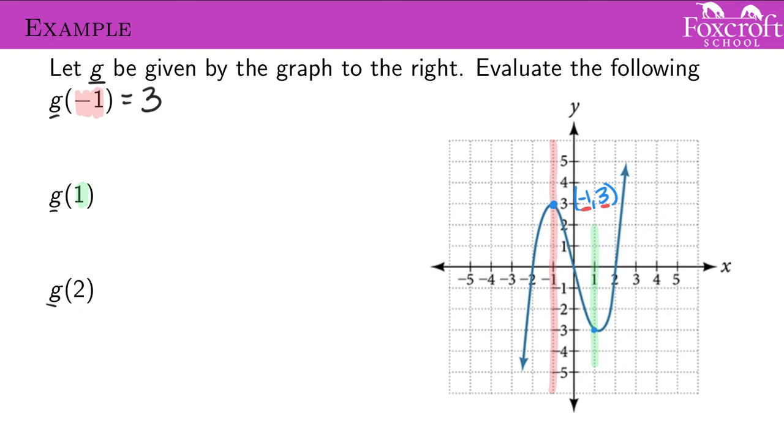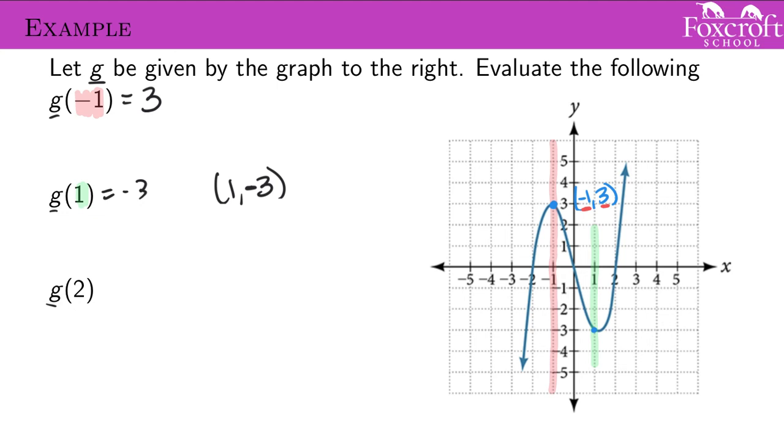So g of 1 is -3, because the point (1, -3) is on my graph. I put in 1 into my function, I get out -3.